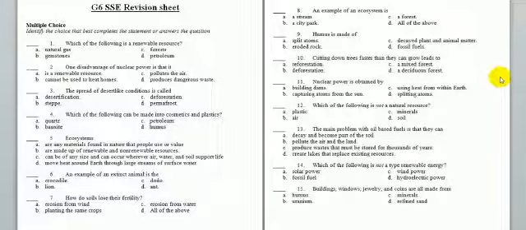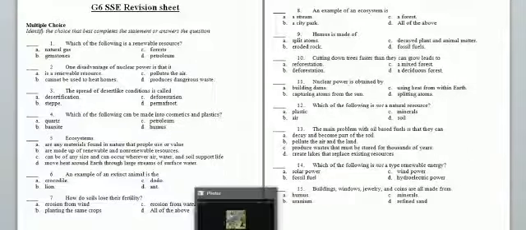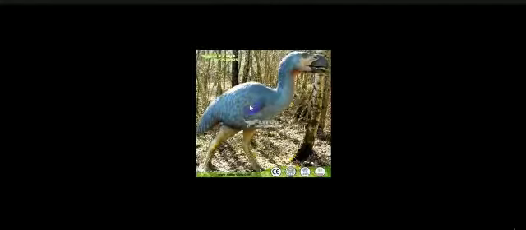What about the dodo? Guys, the dodo is a bird, and that's how it looks. It's big, it looks like a dinosaur, but unfortunately it is extinct. That's the dodo, guys. So the dodo is an extinct animal, actually a bird. Let's continue. Number 7, how do soils lose their fertility?